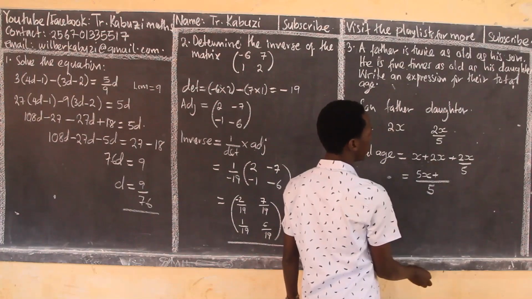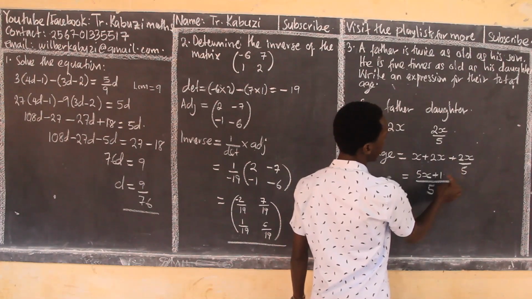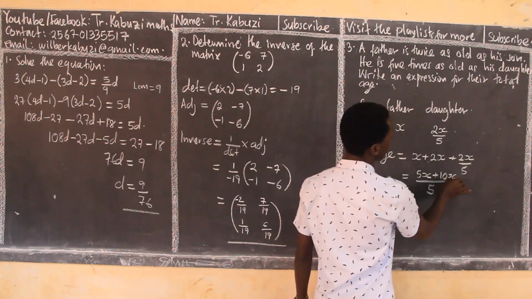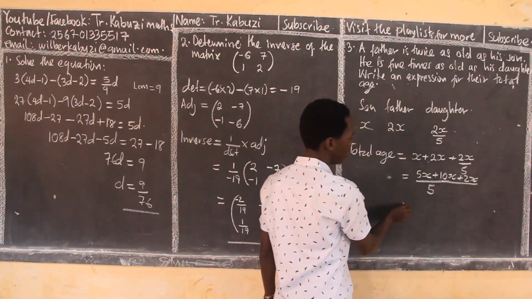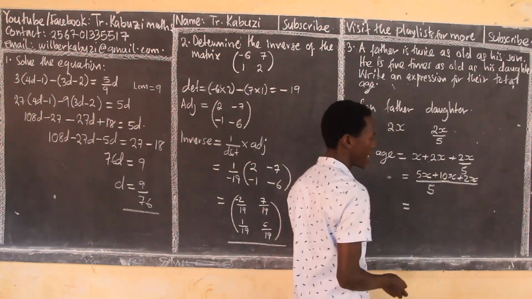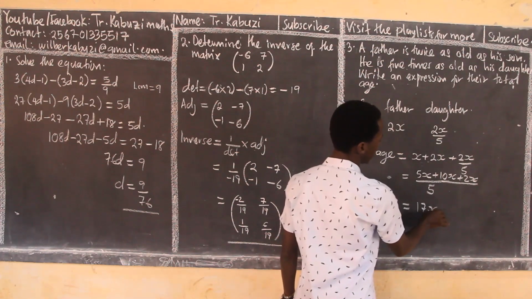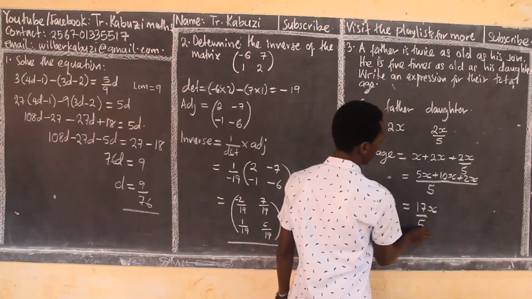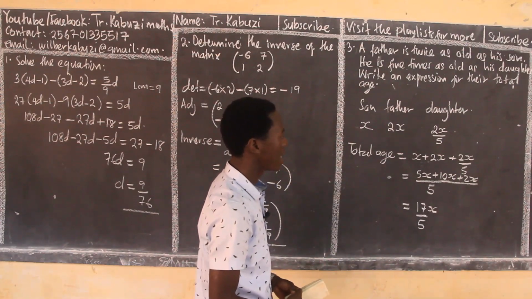Then plus 5 times this will get 10x. Then plus our 2x there. And then when we simplify that, that is 15 plus 2 to get 17x over 5. That's now the total age. So this is the expression for their total age.